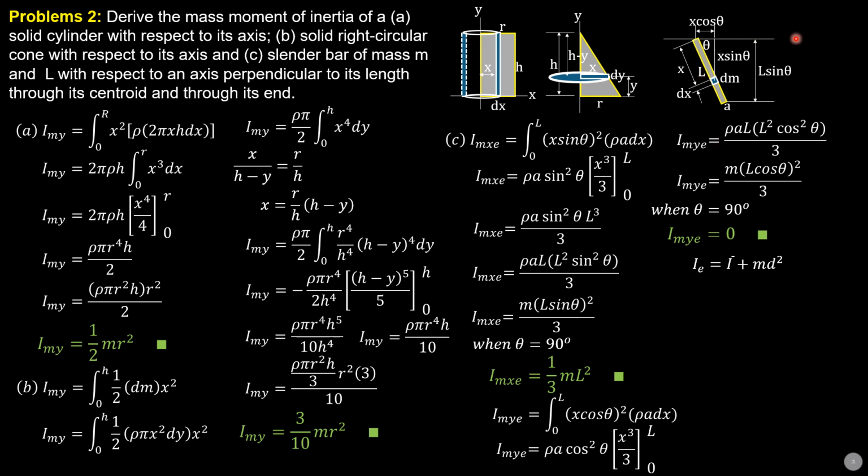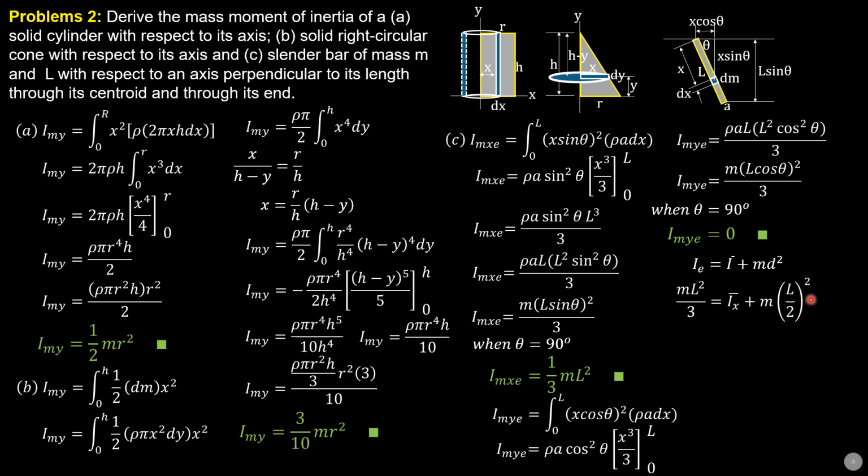If the bar is perpendicular to its end axis, then the parallel centroidal axis through the centroid, perpendicular to the axis of the bar, and the axis through the end perpendicular to the bar are separated by L over 2. So d is L over 2. This is equal to 1/3 m L squared. So 1/3 m L squared equals I bar x plus m times the distance (L over 2) squared.